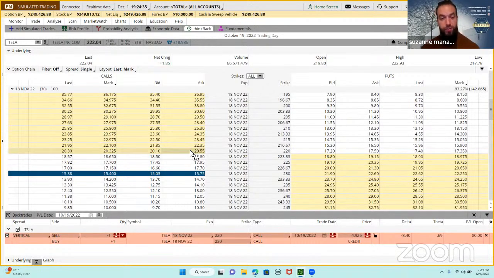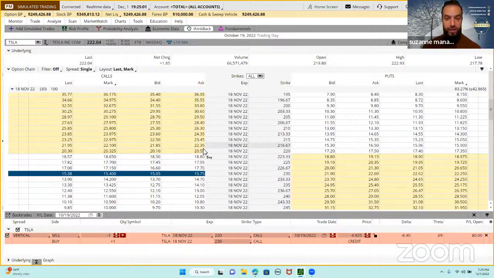It's capped for how far it can go against me at 230. Once price gets up to 230, then the out of the money call that I bought is in the money, and it's going to keep pace with the expanding call that I sold. And by it keeping pace, it's going to prevent an exponential loss.